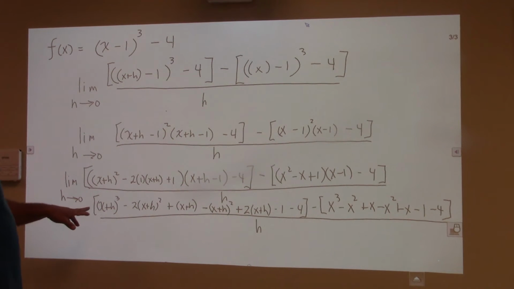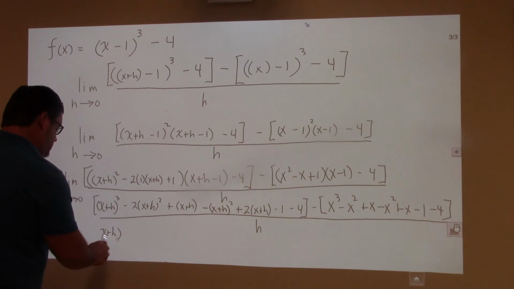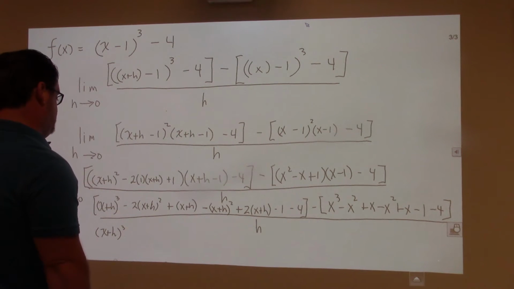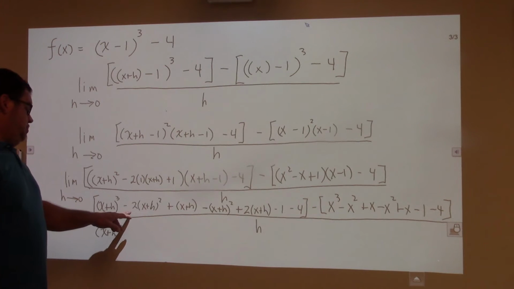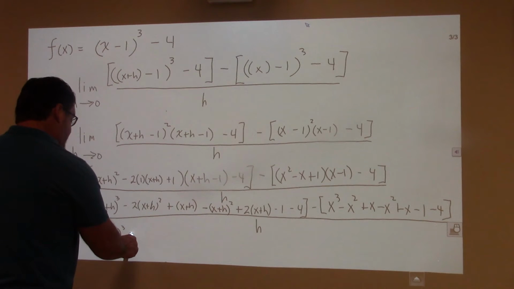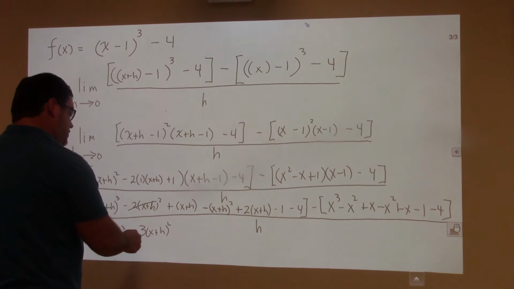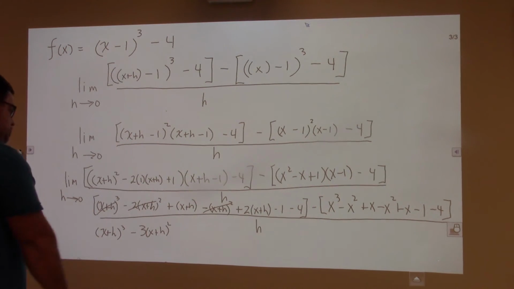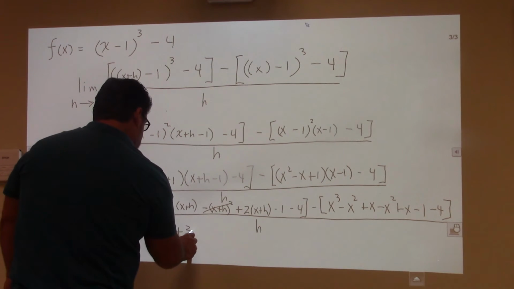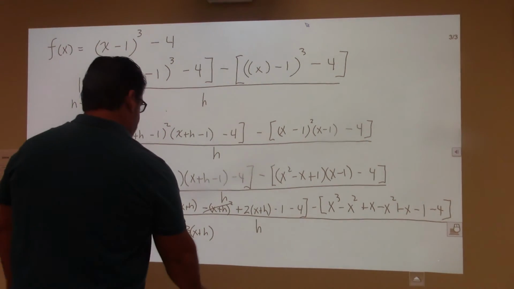And then you're going to have x plus h cubed. I'm trying to simplify as much as possible. Negative 2 x plus h squared minus x plus h squared is negative 3 x plus h squared, plus 3 x plus h, minus what? 5?